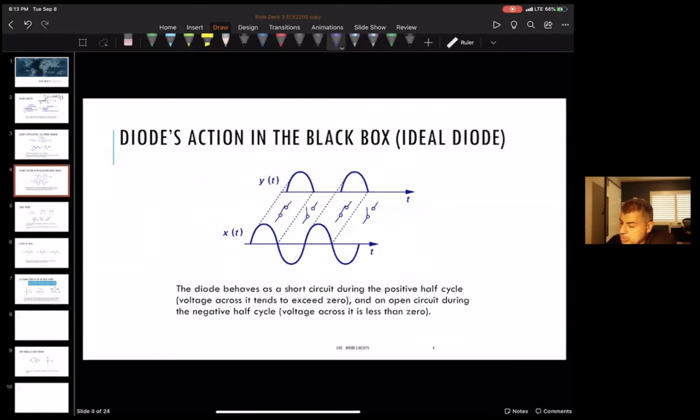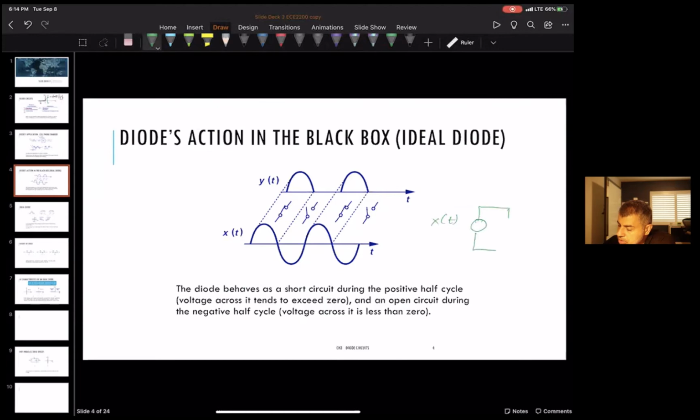Okay, so let's say a diode actually is something that can do this. For example, let's say your input x of t was your voltage.